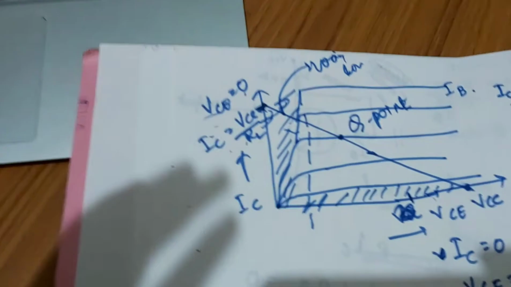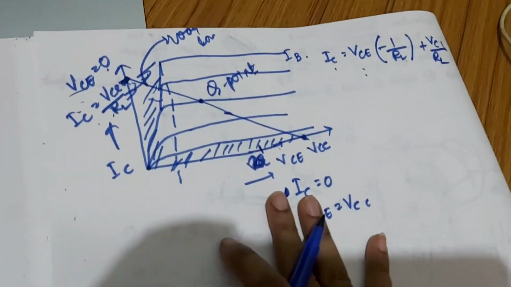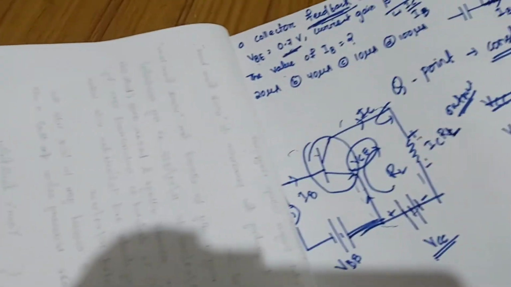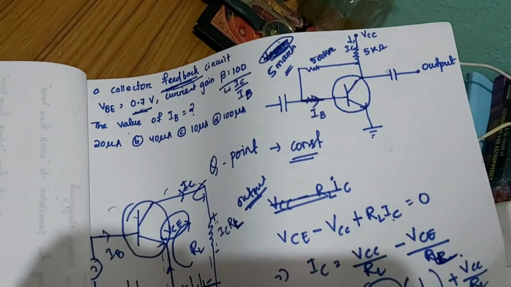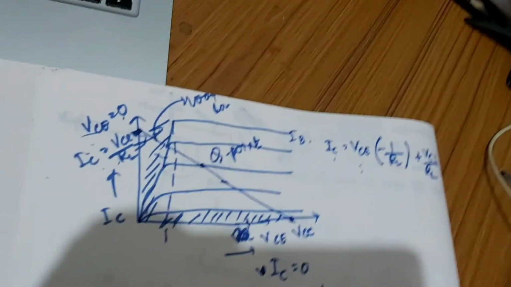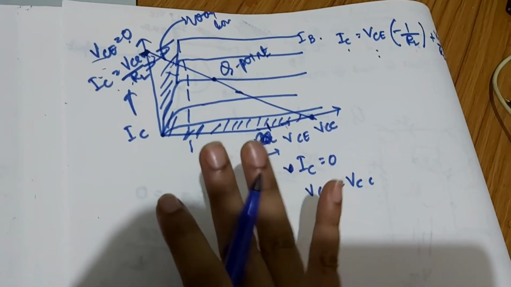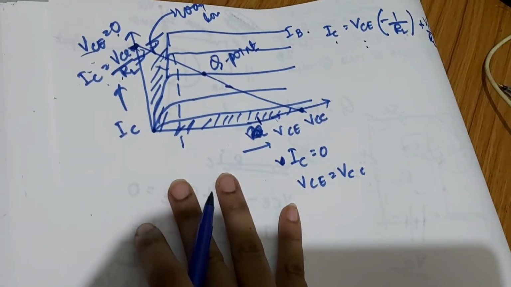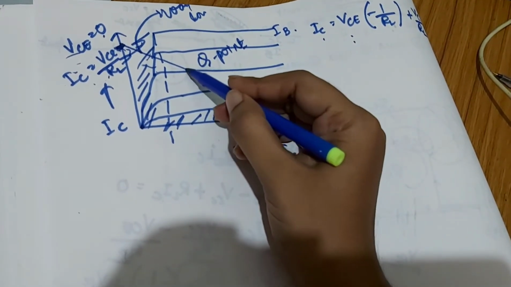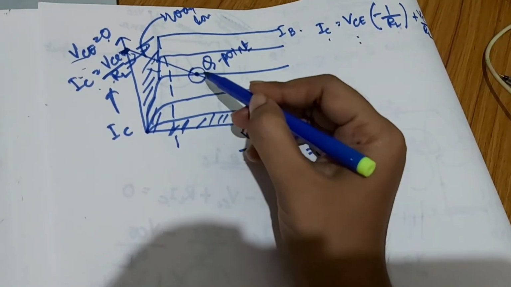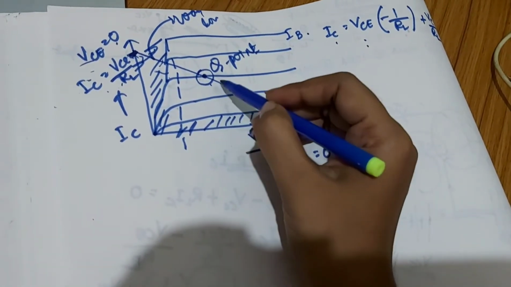To maintain this Q point at a constant value, the biasing circuit helps, which is our feedback circuit here. The question is also about the feedback circuit. I hope you are clear about why we use a feedback circuit to maintain the Q point at a constant value, and why we need a constant Q point to get a faithful amplification.